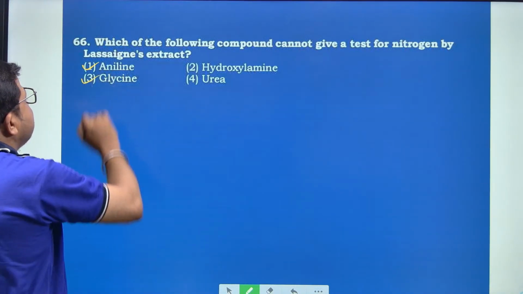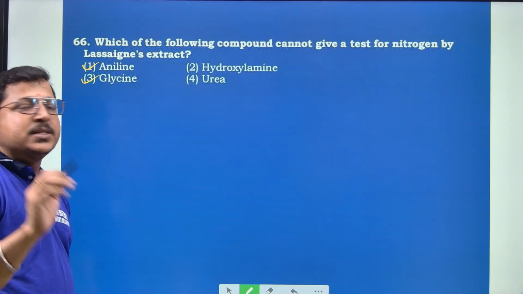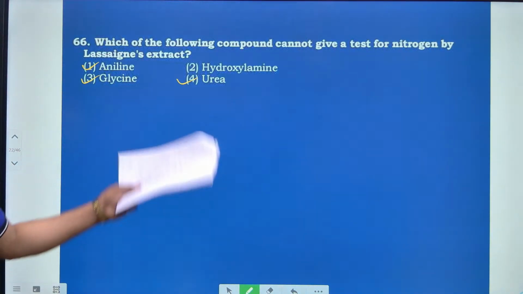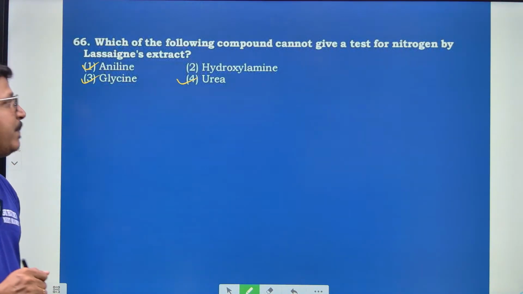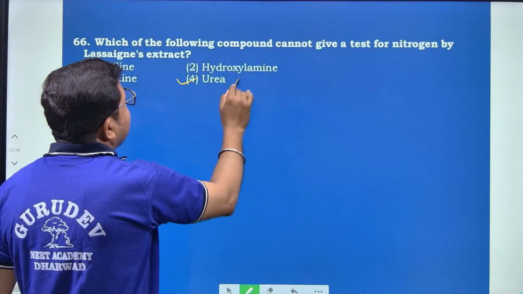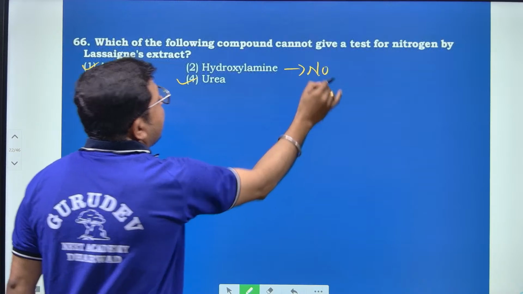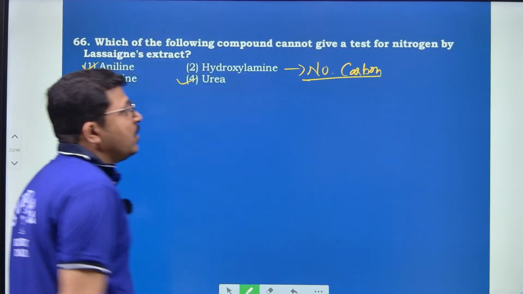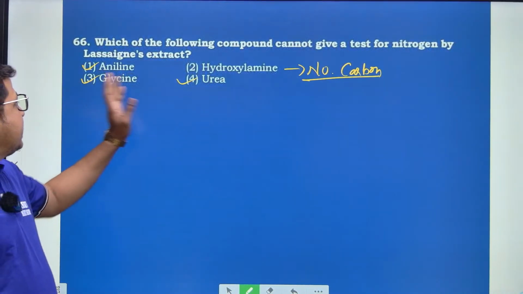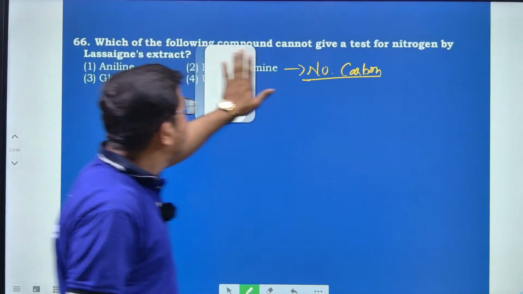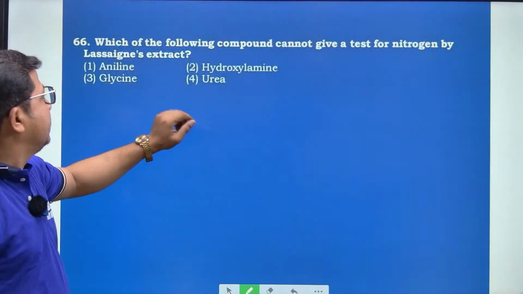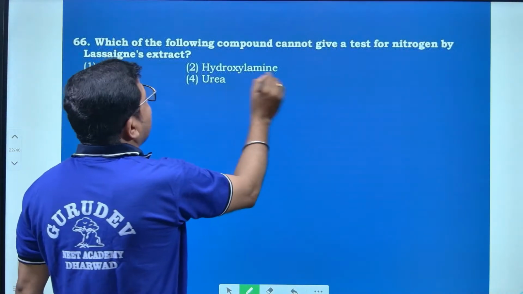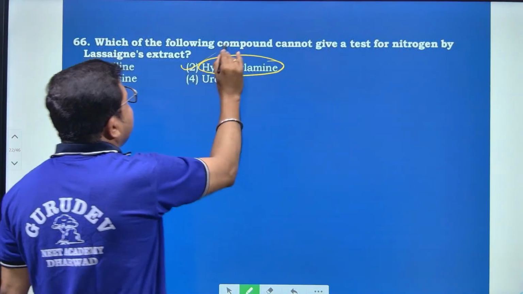Glycine also contains carbon, it will also form sodium cyanide, and urea also contains carbon, which also forms NaCN. But hydroxylamine has no carbon. Hence, it does not give Lassaigne's test because it does not contain the carbon atom. Hence, the right option is 2.